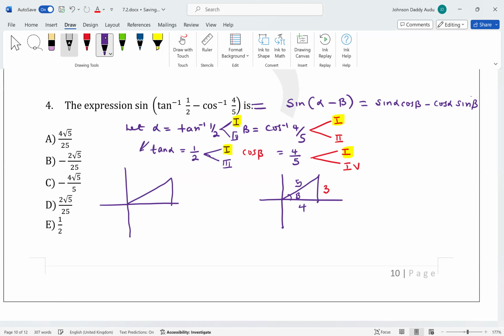So if alpha is in the first quadrant, what does that mean? It means we have alpha here.